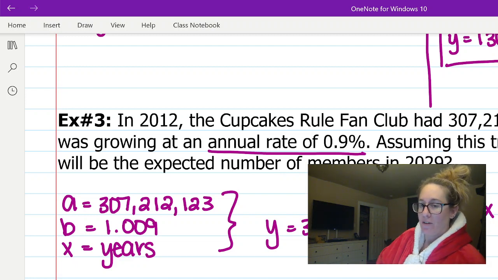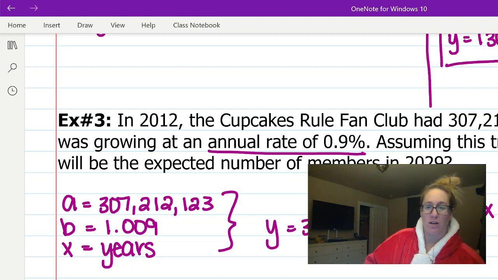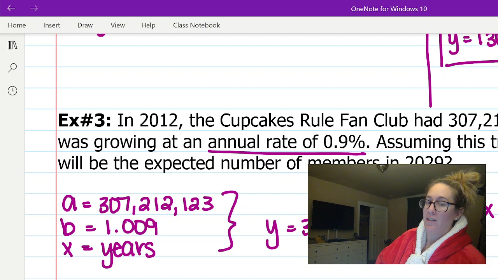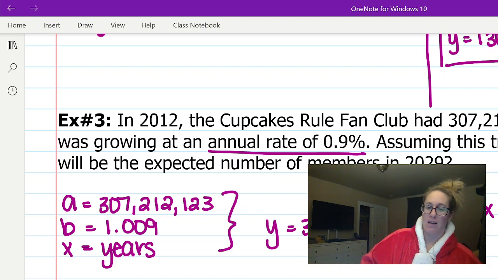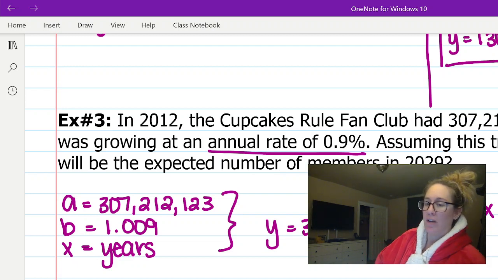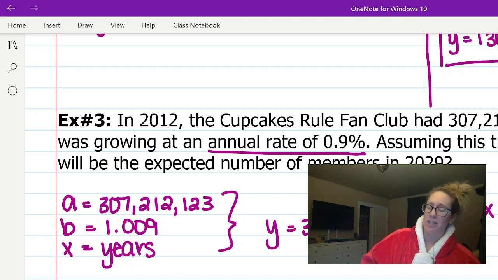So then you have your equation, and you're trying to figure out 2029, which, subtracting 2012, is a 17-year difference. So that means 17 is going to be our X value. Plugging that in, we get 357,775,029 members. Okay.